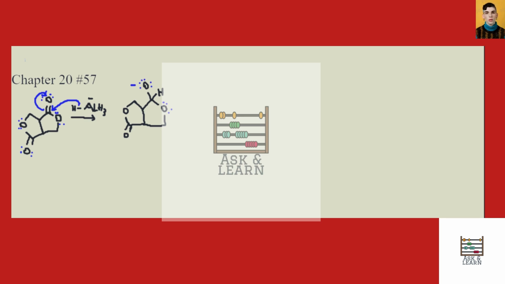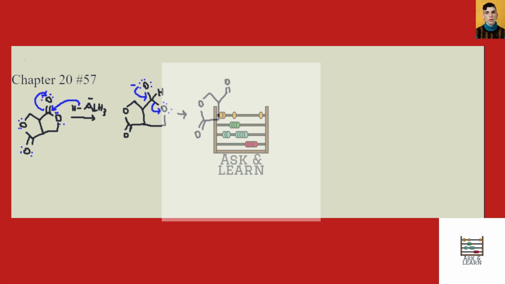And so the next thing that can happen is one of those lone pairs can add back in and reform that double bond. And the bond between the carbon and this other oxygen will break. And so when that happens, now our ring is no longer a ring on this side.